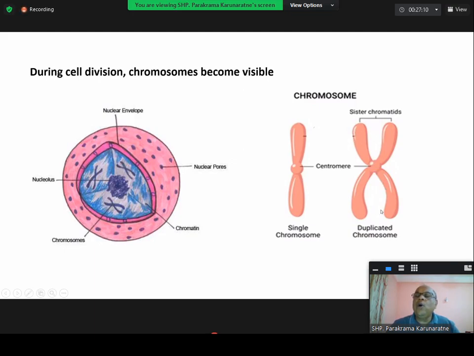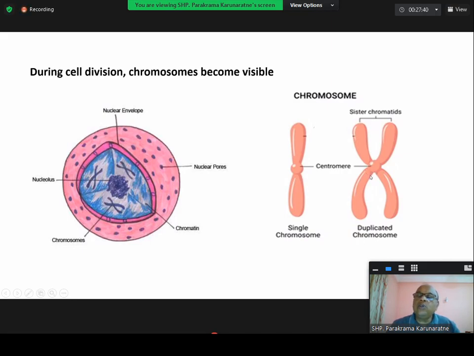These daughter chromosomes are called sister chromatids. This is a duplicated chromosome, and when they are duplicated, they make two structures. Like the mother, they make two daughters, right? And these are called sister chromatids. You can see they are still attached at the centromere.